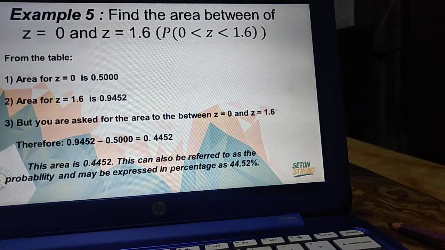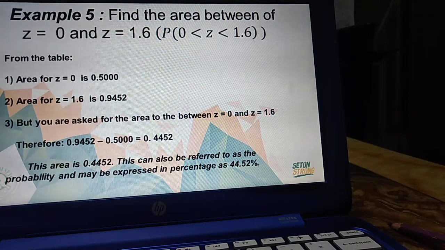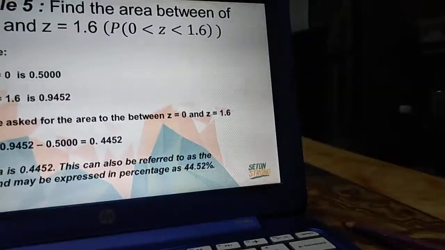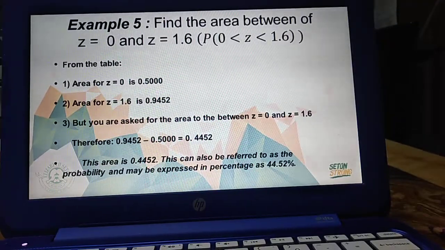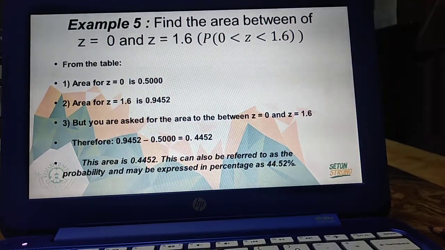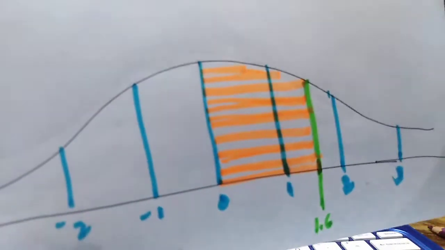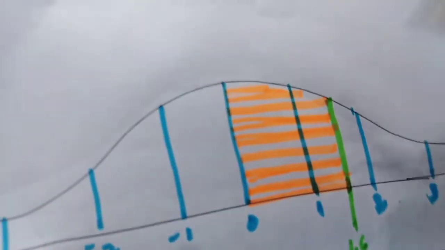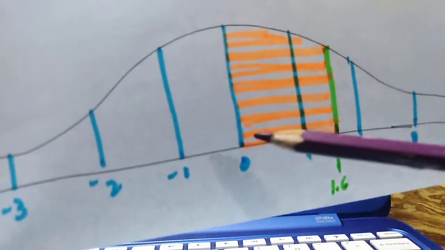Okay, next we are to find the area between 0 and 1.6. So our graph looks like this. This is our 0 or our mean.